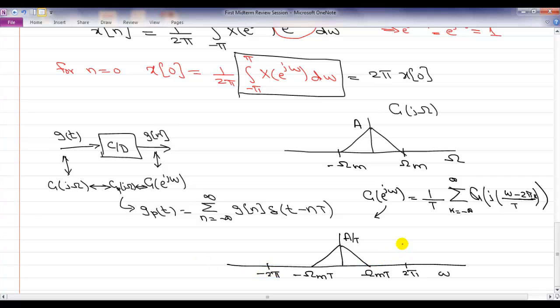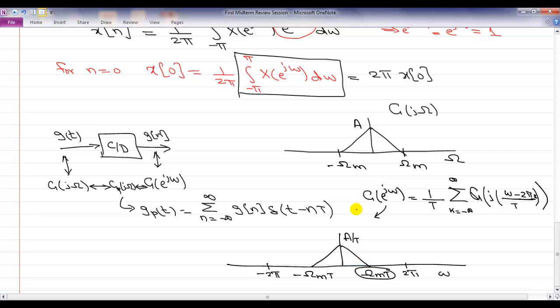Now whether the repetition will overlap with your main copy will depend upon whether you satisfy the Nyquist criterion or not. Right? Whether this point, omega m T, is bigger than pi or smaller than pi.